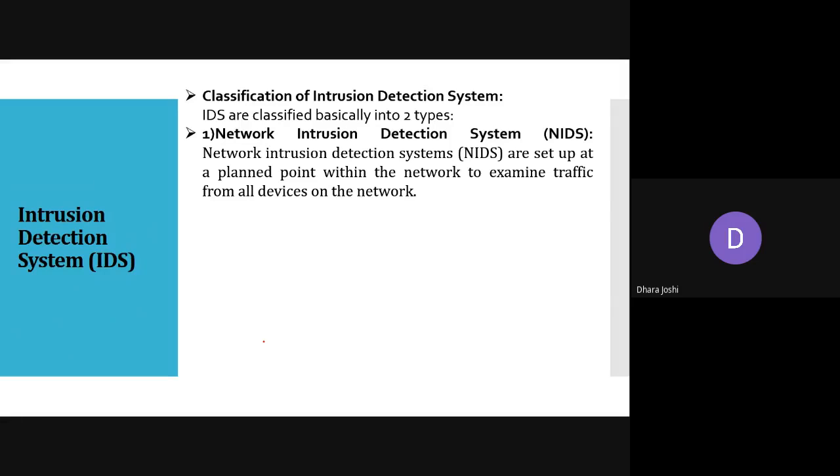What does it mean? Suppose this is a network and there are multiple devices, like one person is using a mobile, one is using the PC, one is using the laptop. There can be multiple users transmitting data from one place to another.